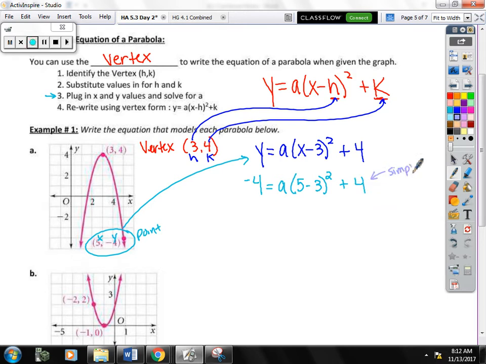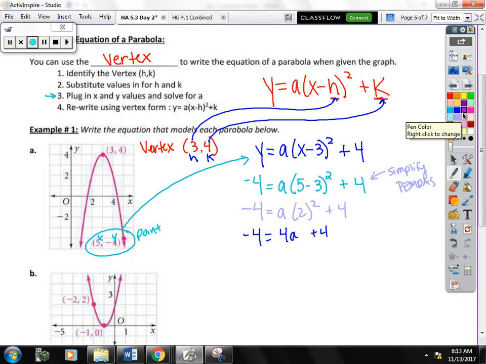And when we're simplifying, we do want to use our order of operations, so think about PEMDAS. So we're going to do our parentheses first, then our exponents. 5 minus 3 is 2. 2 squared is 4. And whenever I do this, I usually write 4a instead of a4 because that's more normal looking in terms of algebra.